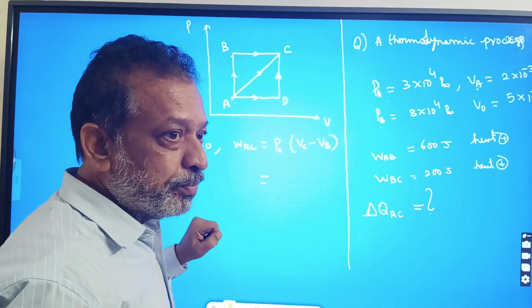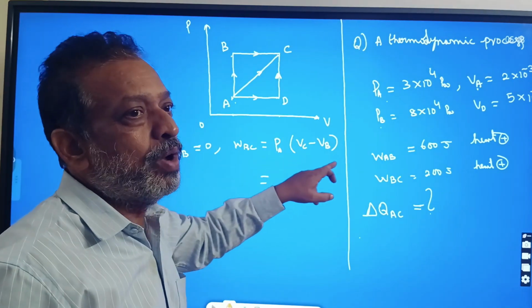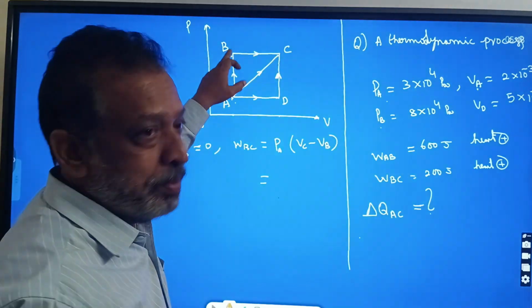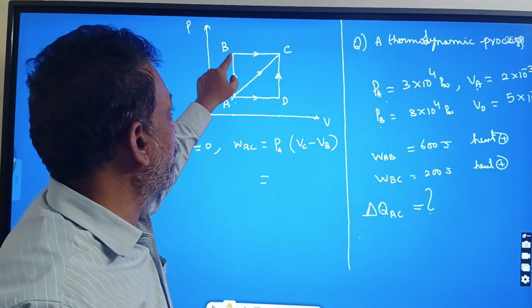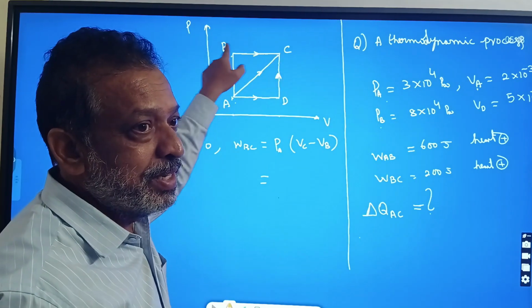WBC, the work done in process BC, is equal to pressure into volume difference. The pressure at PA or PD are both the same. The volume difference is the final volume minus the initial volume.